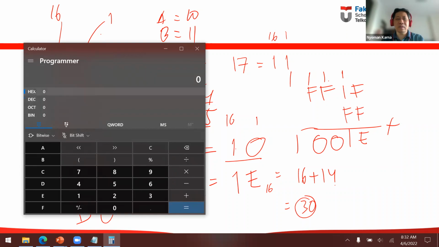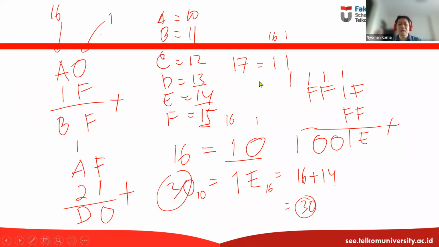So in hexadecimal, FF1F plus FF equals 1001E. Okay. So this is how we do the addition in decimal, in binary, and also in hexadecimal.